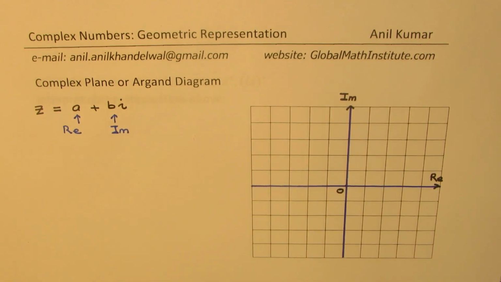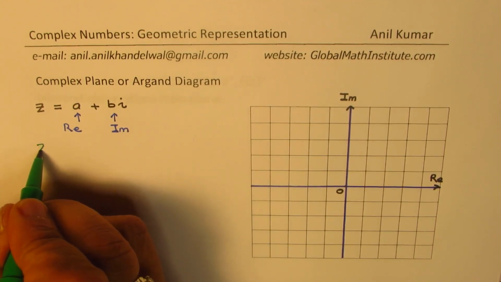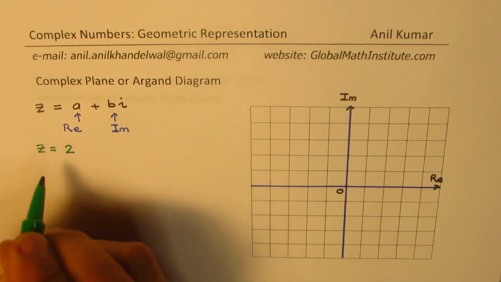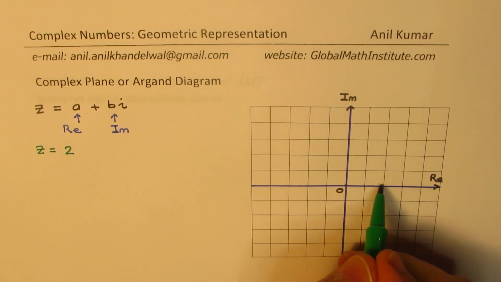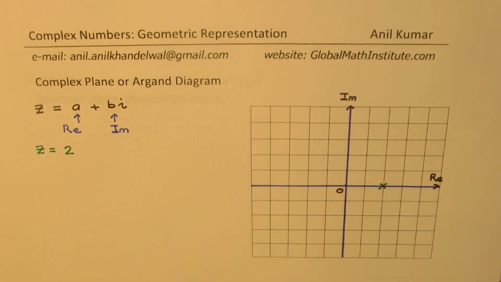Now let us take an example where the complex number is just a real part. Let's say z equals 2. Now z equals 2 really means a point which is along the x-axis, and that should be z equals 2.